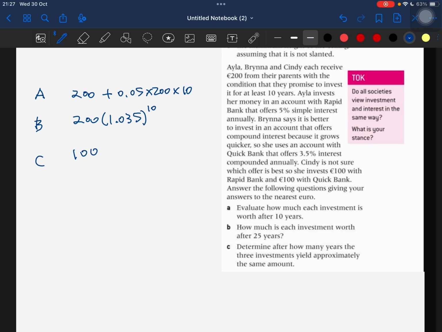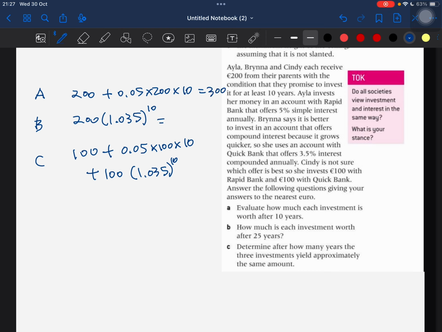So Rapid Bank with simple interest: 5% of 100 times 10 plus 100, and 100 times 1.035 to the power of 10. Evaluate how much each investment is worth after 10 years. So 200 plus 100, this is 300 pounds.